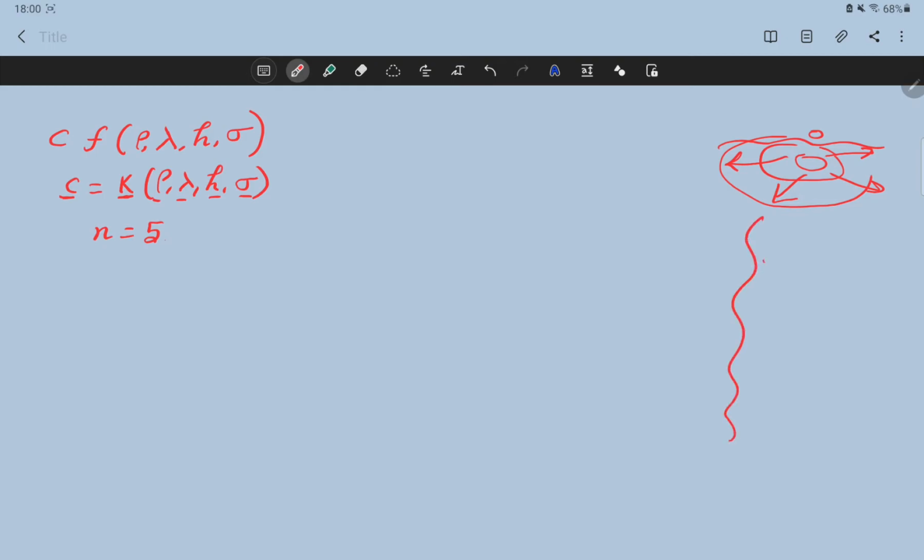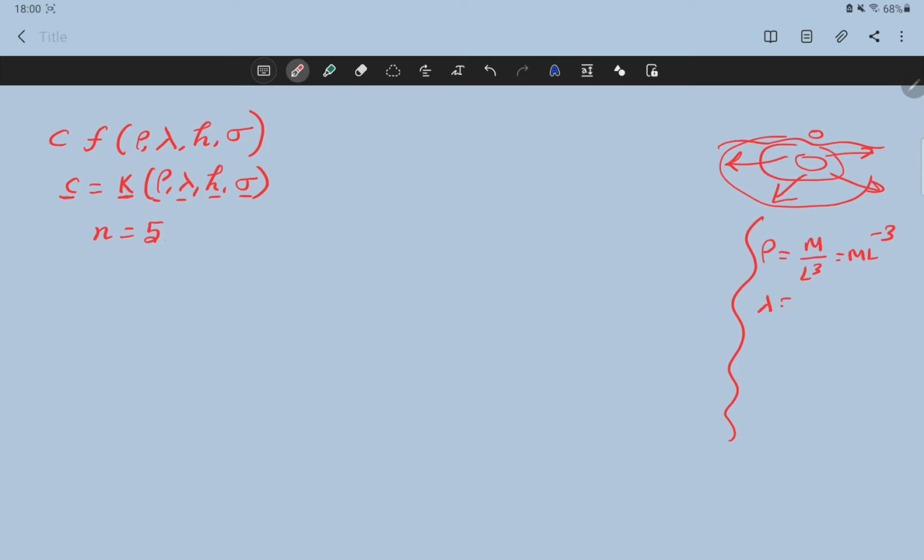Yeah. Rho, what is the dimension for rho? The dimension for rho is m by L cube, otherwise m L power minus 3, yeah.